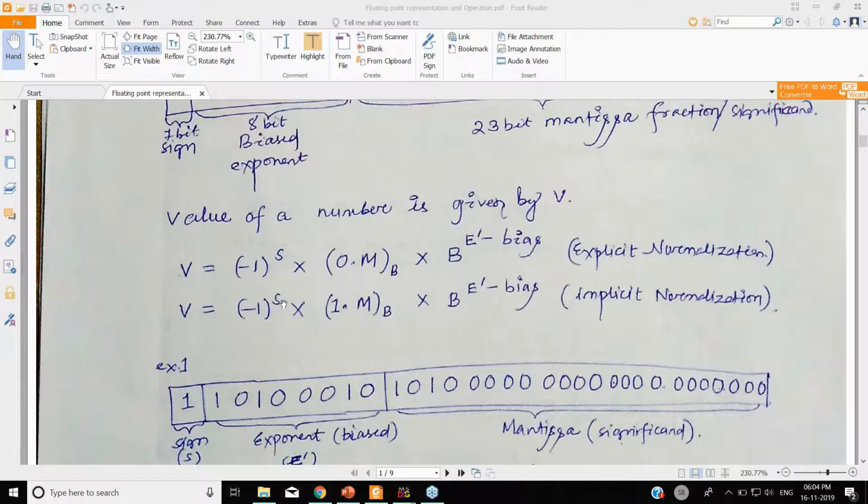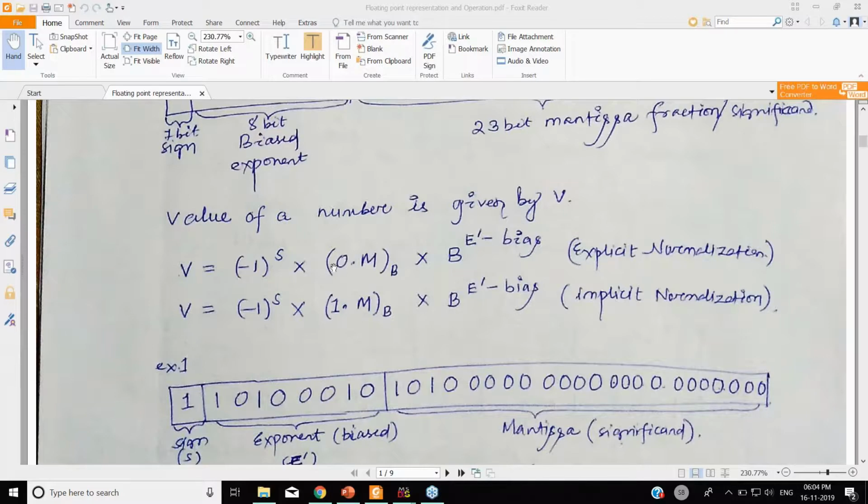So what it is saying is minus 1 to the power s. If s is 0, it is a positive number. If s is a 1, then it will be negative. Then if this representation is 0 point fraction, then it will be explicitly normalized. That means we are only storing the point m or the fractional part.